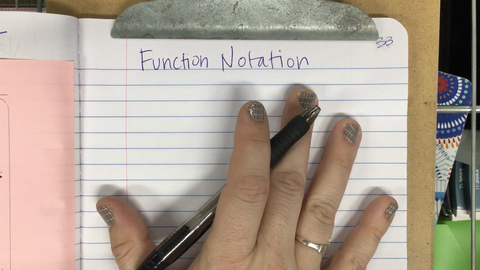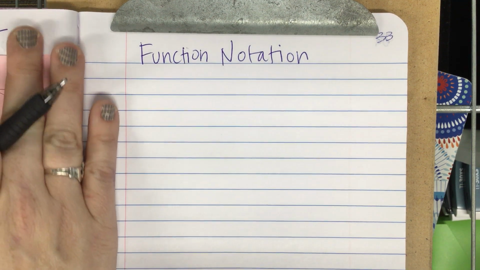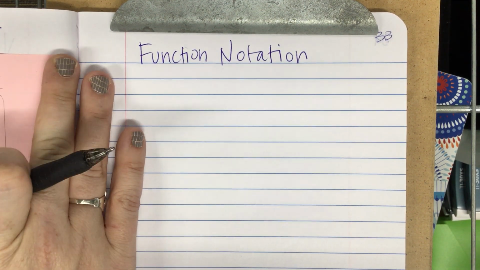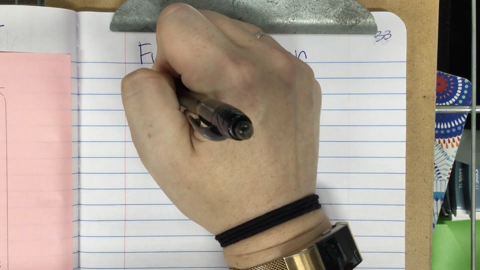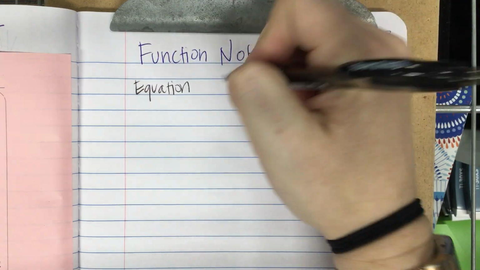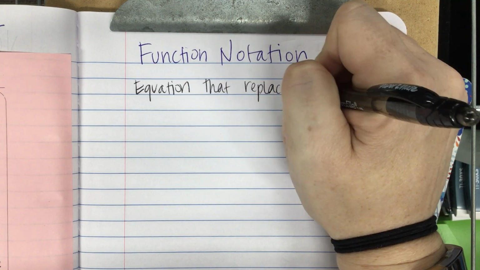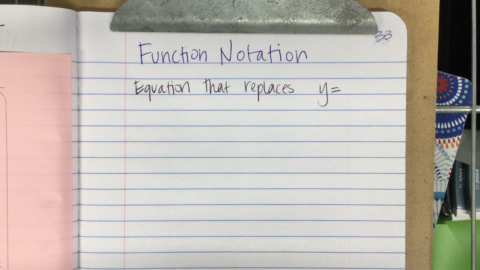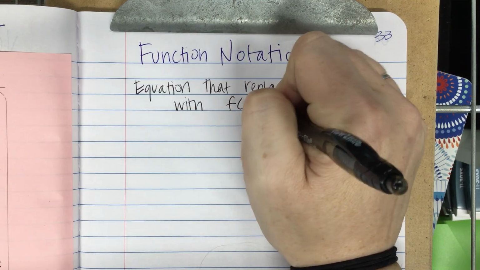Page 33, function notation. So we've talked a little bit about function notation. We had some for bell work, just thrown in there to talk about. But function notation is an equation that replaces y equals, or whatever the answer is, whatever we're solving for, with f of x equals.